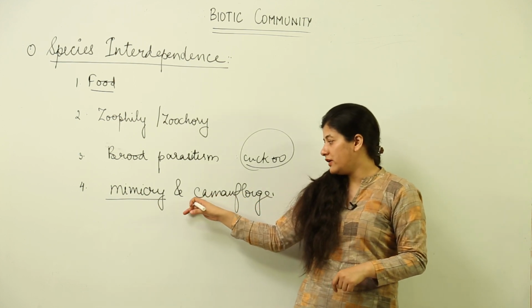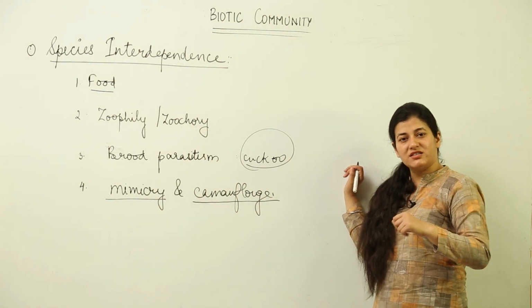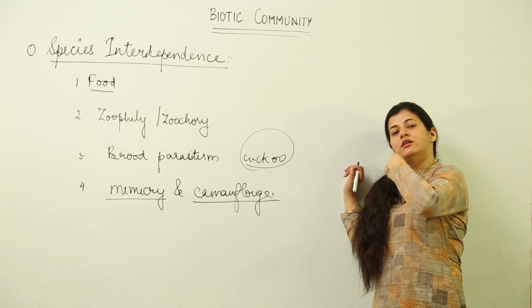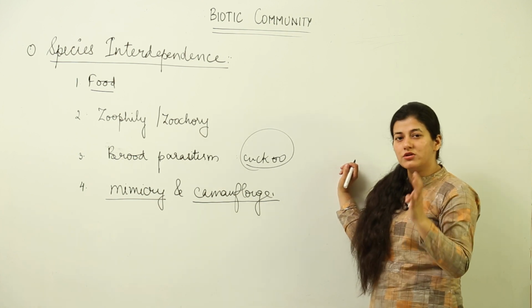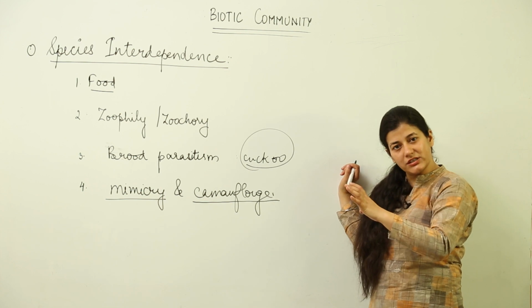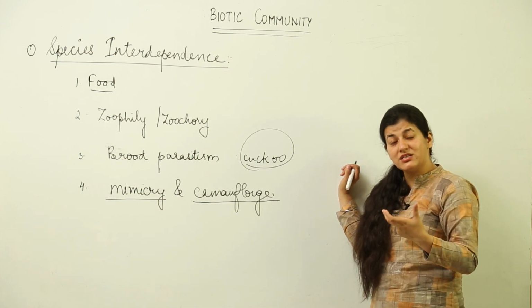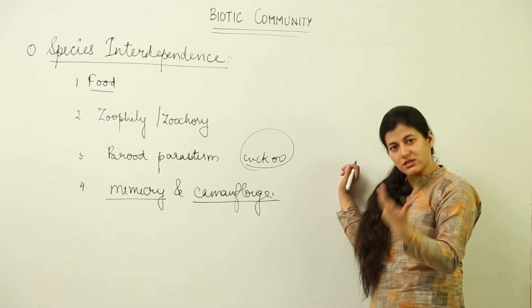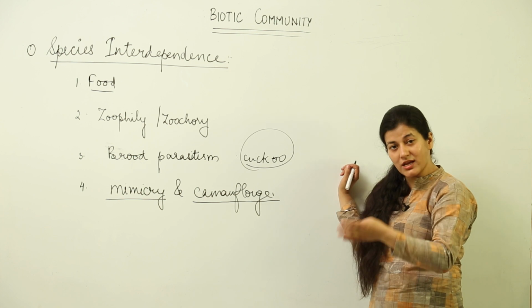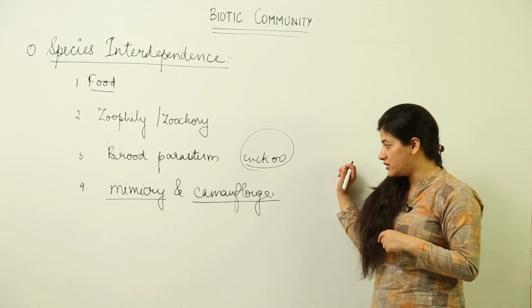Supposedly we have an example of a butterfly. That butterfly has mimicked or copied some other butterfly which is highly distasteful. So, the predator would not come and attack that particular butterfly. So, you see, mimicry is a good example where an organism is dependent on the external features of another species, and in a way it is beneficial for that organism.